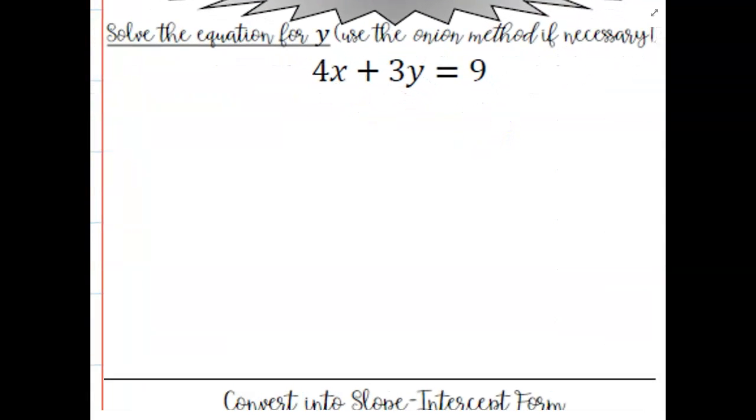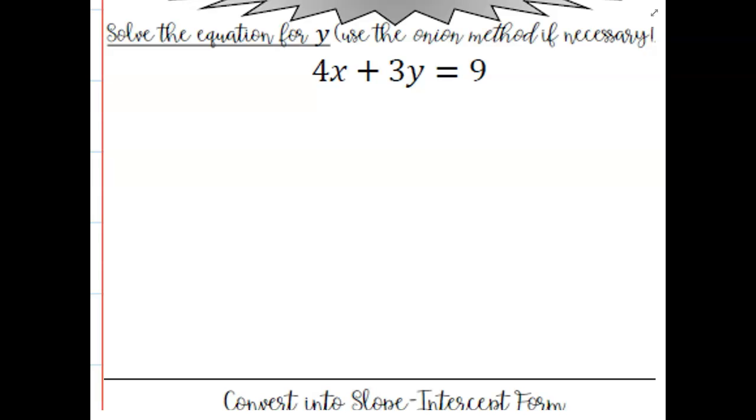One thing that makes it a little bit easier: you guys remember the onion method from the beginning of the year? If you struggle putting an equation in y equals, it's tough because we're solving an equation, but it's not all numbers, right? I'm going to solve this equation for y, but there's an x over here, and it gets kind of complicated whenever it looks like that. So this is why I really like the onion method.